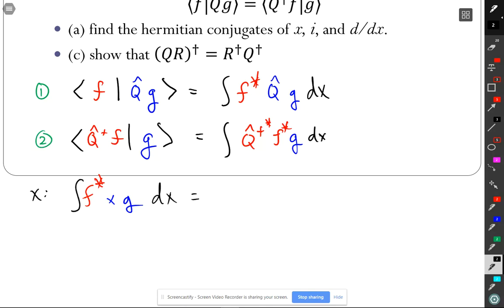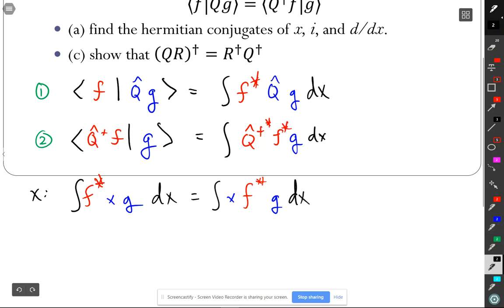My X operator is just X, so I can move it freely within the integral. So that's the same as the integral of X F star G.